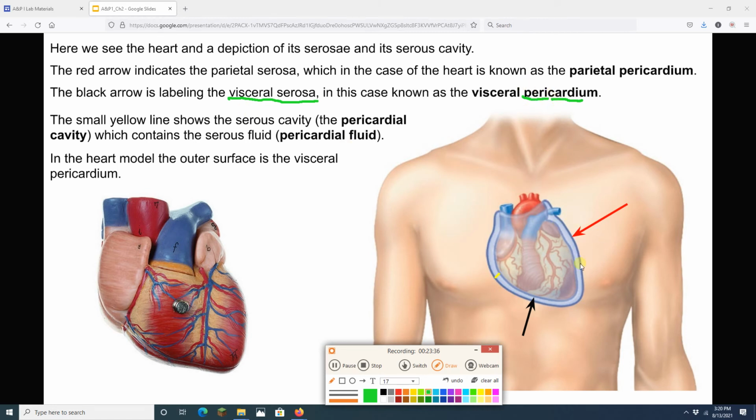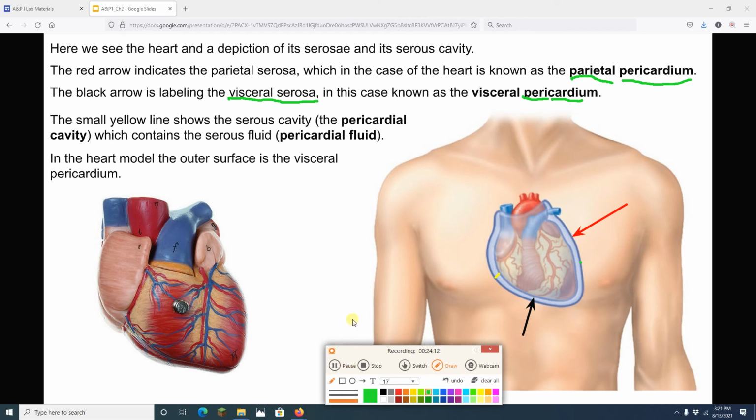The outer membrane, let me put a green dot on that guy, red arrow pointing at him, that's the parietal pericardium, the outer layer around the heart. The space where that little yellow line is the serous cavity, which in this case is the pericardial cavity, is going to contain fluid, which is pericardial fluid. And its major function there is for lubrication.